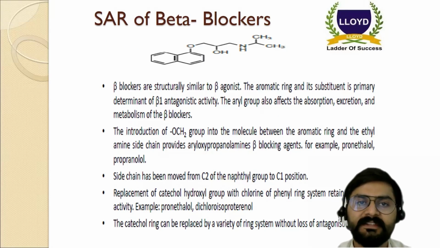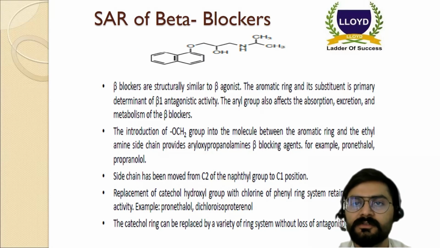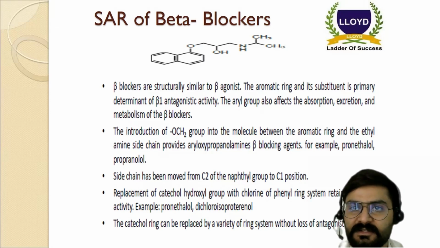So now let's explore the structure activity relationship, SAR, of beta blockers. You can clearly see the structure on your screen. Here, the aryl group is attached to substituted amines by a two carbon atom chain, that is an ethylene bridge, across which we place an X atom.